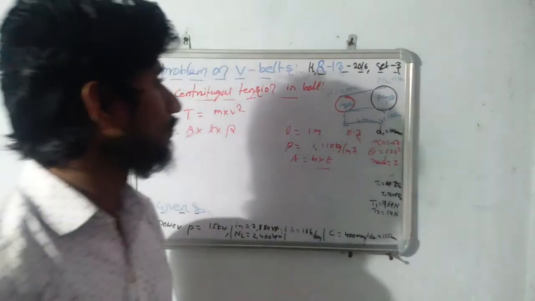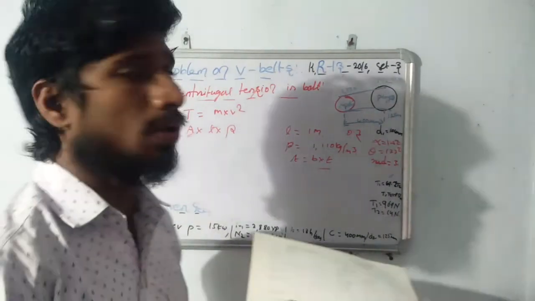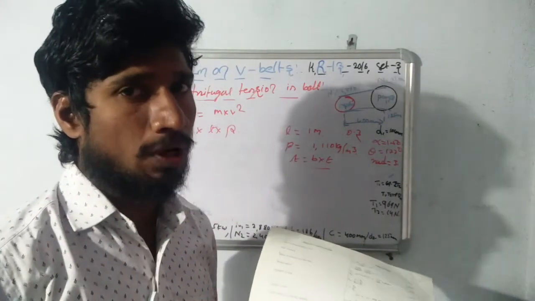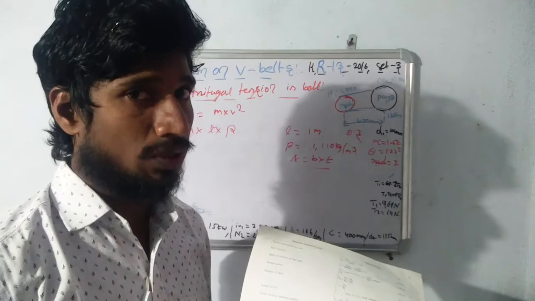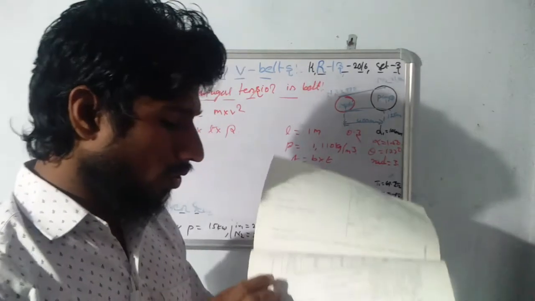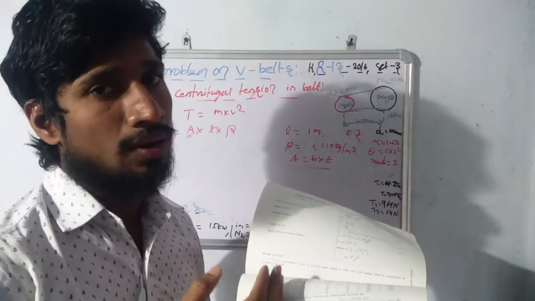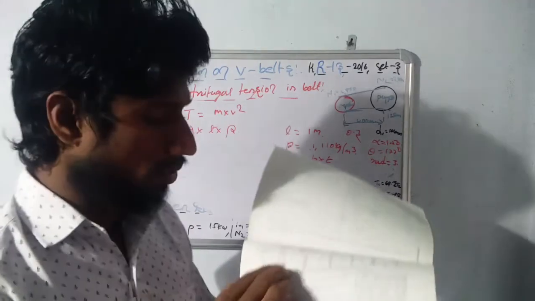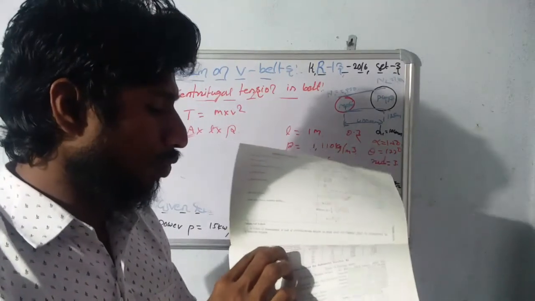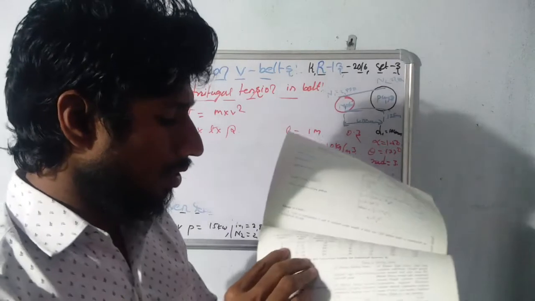Okay, let's see this one. In the given problem, we know how much amount of power is to be transferred with the help of that belt drive. In the given problem, the value is 15 kilowatts. So let's see this table number 22.1 in V belts.